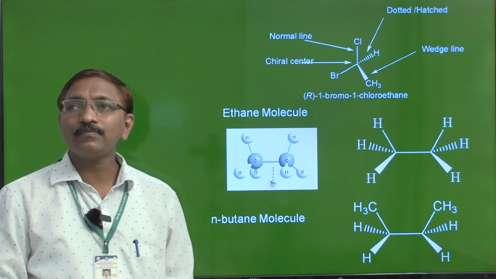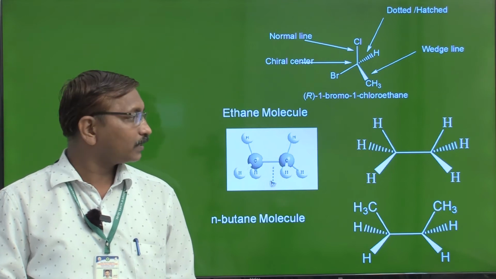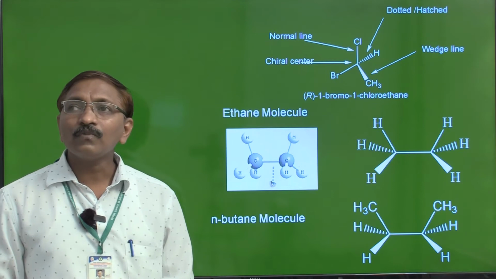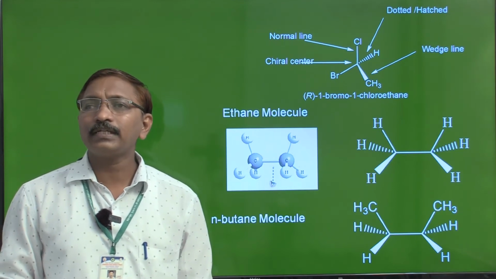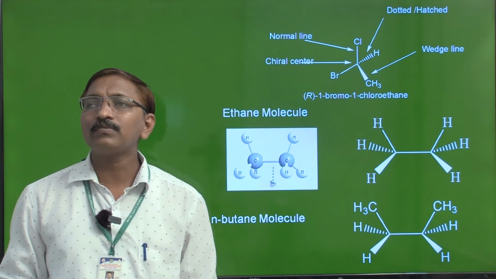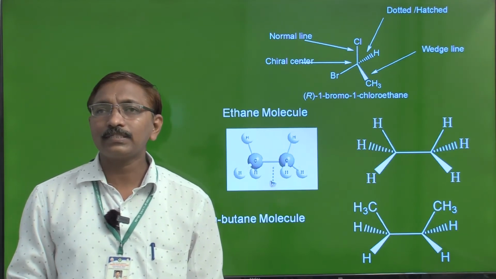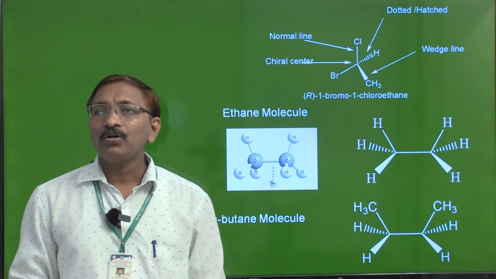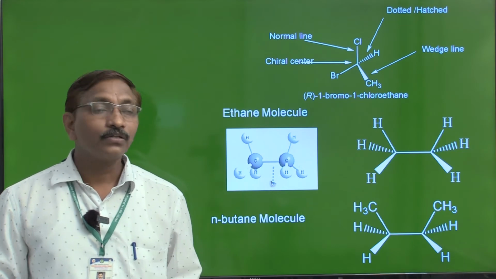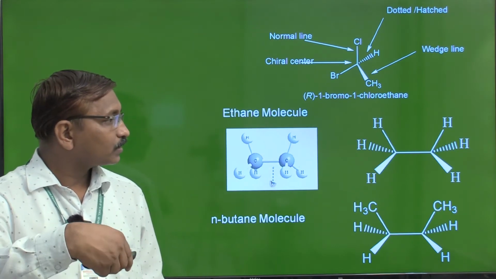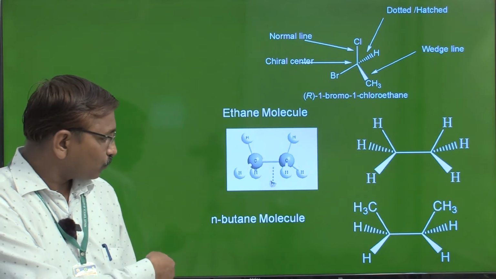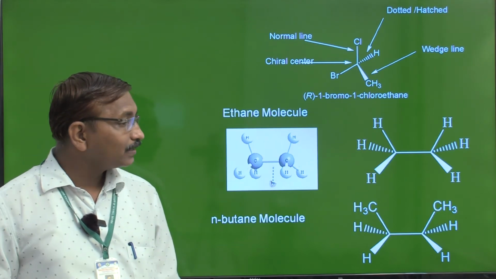These are the representation using the dotted line wedge formula, in which the 2 hydrogen atoms which are in a plane are represented by a normal line, while the 2 hydrogen atoms which are going behind the plane are represented by the corresponding dotted line. The 2 hydrogen atoms which are coming towards you are represented by a thick line.